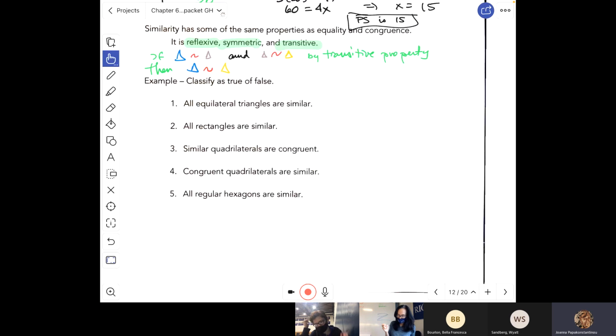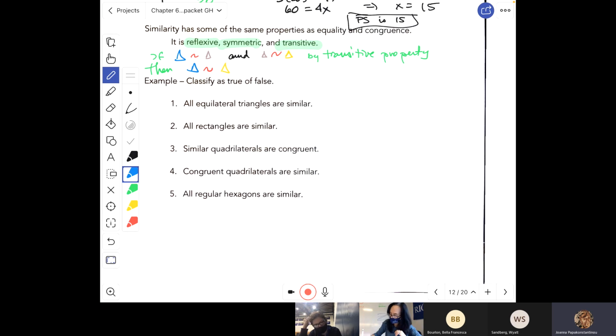Let's see which is true and which is false, and maybe talk about them. So the first one, all equilateral triangles are similar. Now remember, similarity means they're the same shape, not necessarily the same size.